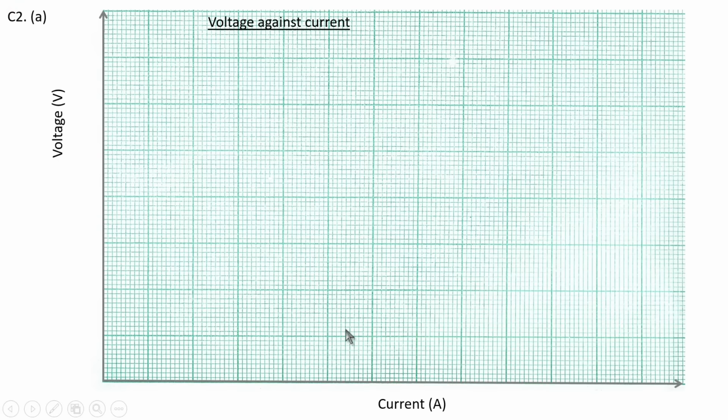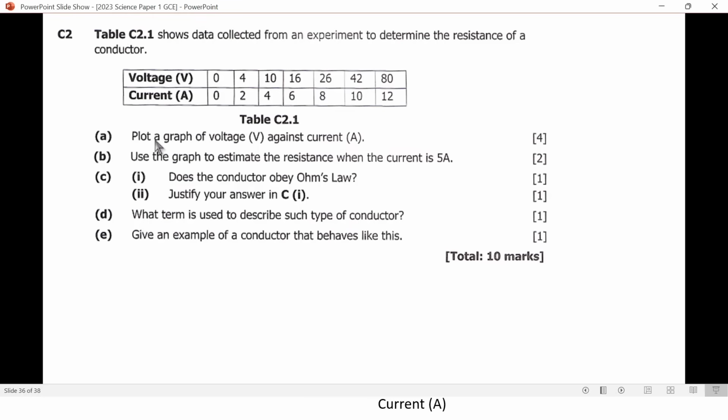So whenever they tell you to plot a graph of voltage against current, meaning voltage should be on the y-axis and current on the x-axis. That's the order. What comes first goes on the y-axis, what comes next on the x-axis, always.